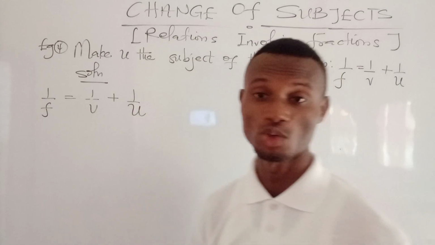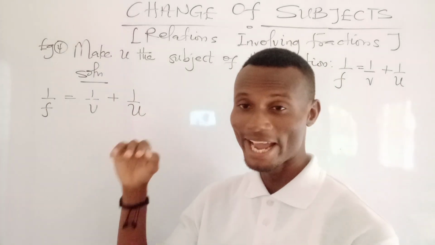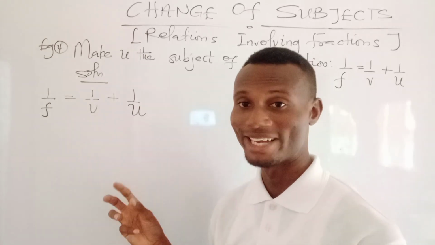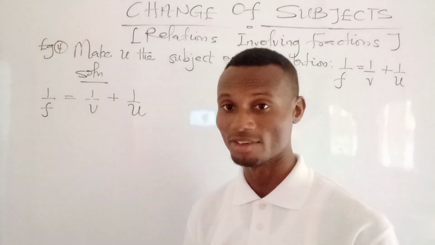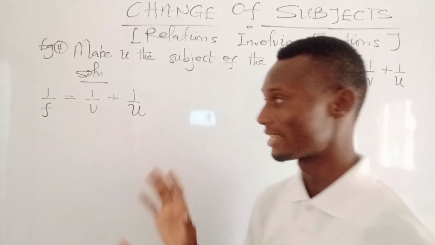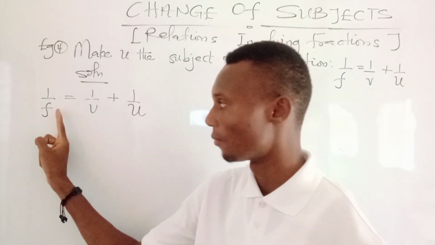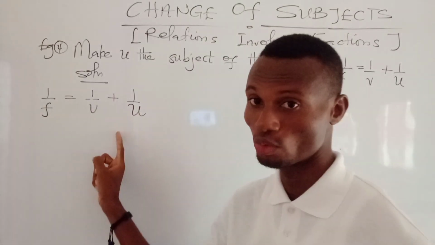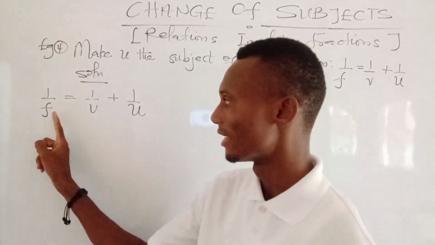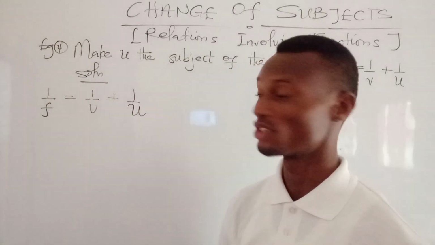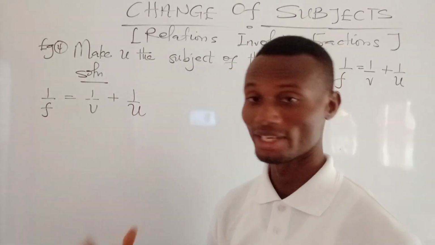I explained under linear equations that when you have fractions in which the denominators are not numbers but variables, and you want to find the LCM, it's a multiplication of the variables. So the LCM for F, V, and U is a multiplication of the 3 of them, which gives us FUV, or FVU, which is the same thing.